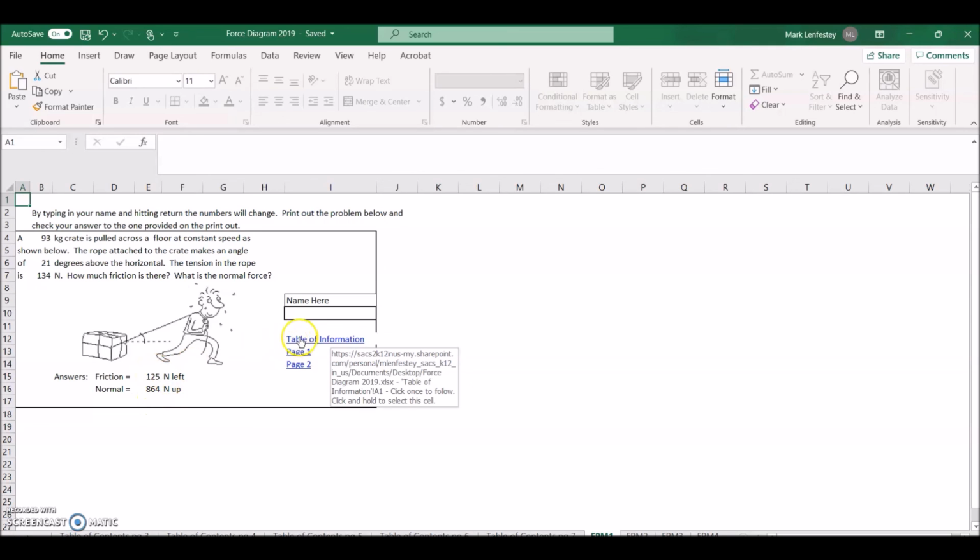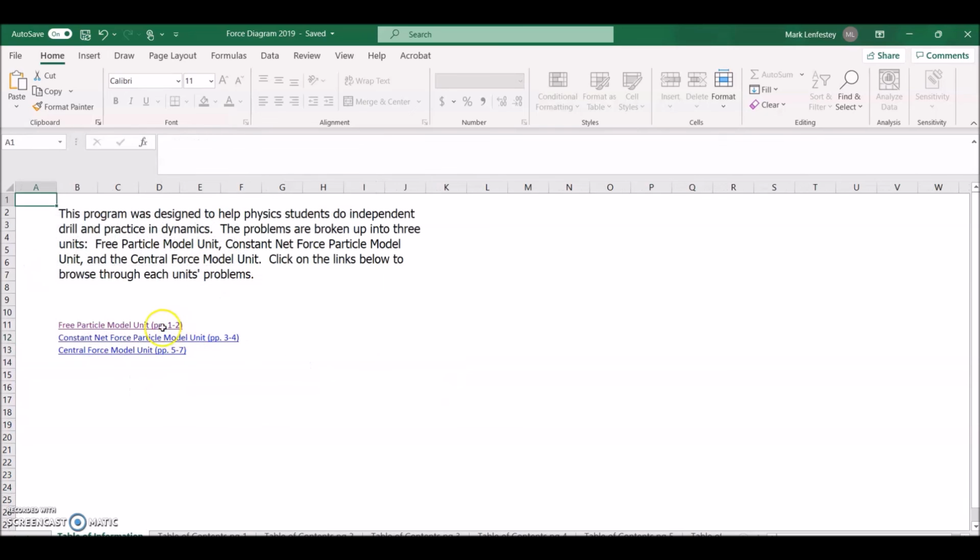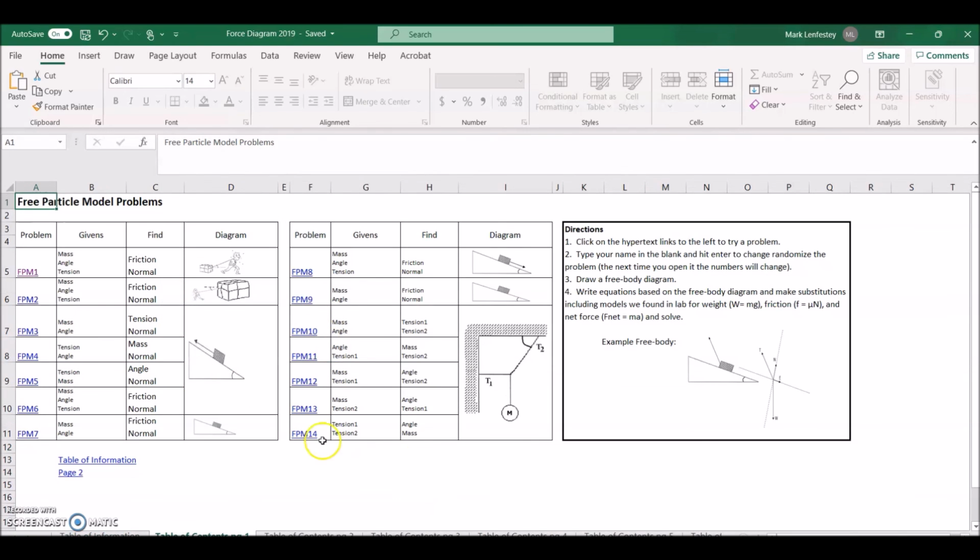There are lots of different problems here you could try, and I think it's good practice if you want to. If you're like, hey, I've been doing pretty good on the whiteboarding, I did pretty good on the quizzes, I think I get this stuff, I don't think I really need extra practice, then you don't necessarily need to do this. This is just for the students who are a little bit anxious about the test.